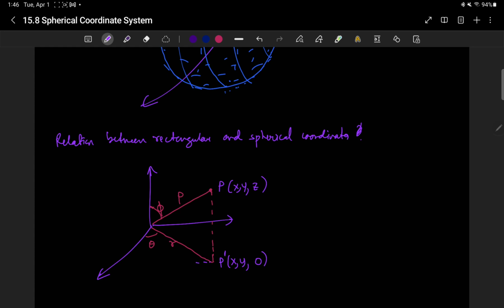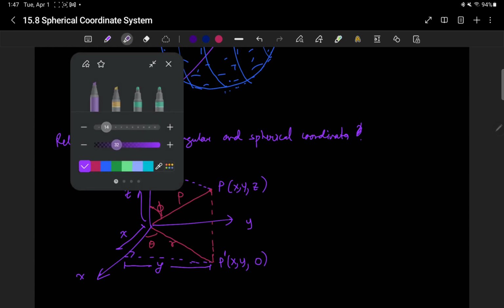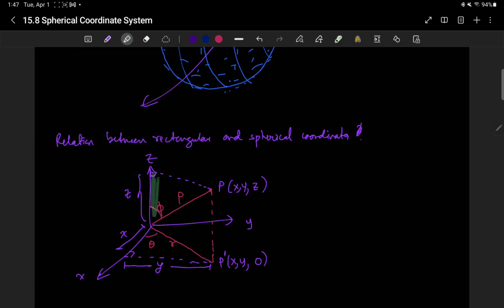And if I take this projection here, this is 90 degrees, this is x, y, and z, then the height of this triangle is y, and if I make a projection from this point to the z-axis, then this height is z, and this distance over here is x. So now we have a bunch of right triangles, so we can make some relation. So first of all, I am going to look at, suppose, this triangle right here.